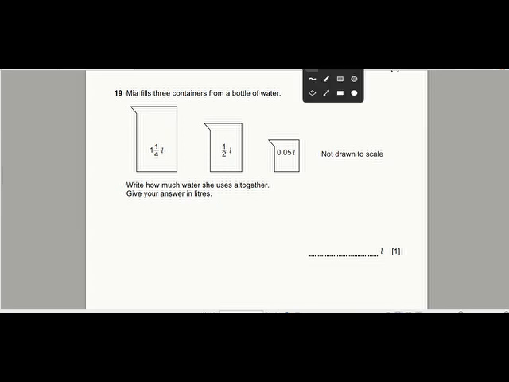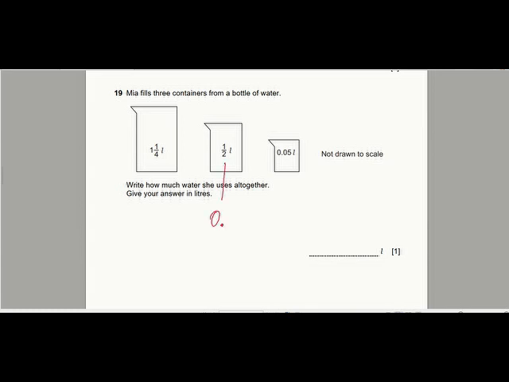So over here, what do we want to do? To convert everything into decimals, everything into fractions. Anyway, we have to give everything in liters. So it is pretty simple to convert this one into decimals.